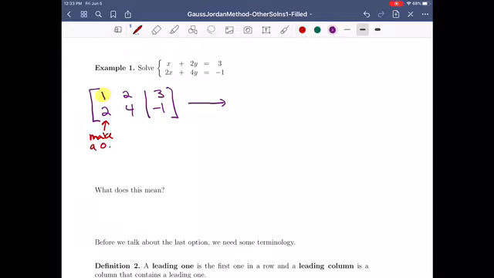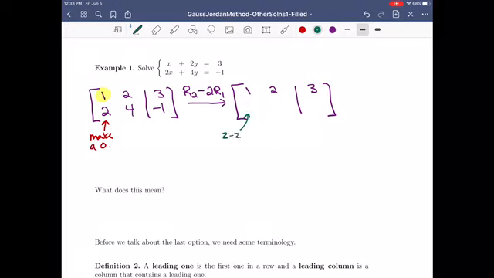How am I going to do that? I'm changing row 2, so I write that first. I want to subtract 2 of row 1. Row 1 is not changing, so I can write that in right away. Then I compute the entries in row 2. I used to have a 2, and I'm subtracting 2 times the 1 above it, so I get a 0, which is what I wanted.